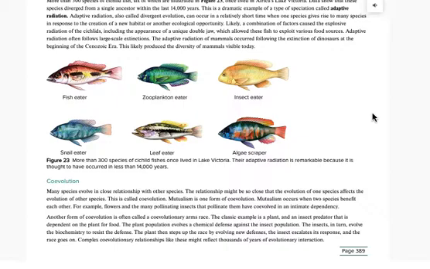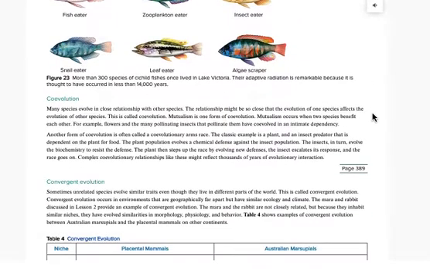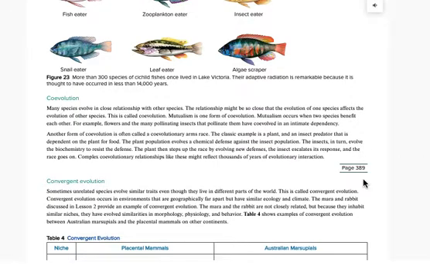Another pattern that we see in evolution is coevolution. Coevolution is when two things are joined together in the way that they're changing or adapting. For example, you have bacteria in your own gut. You can have changes in what bacteria is there based on what you eat.